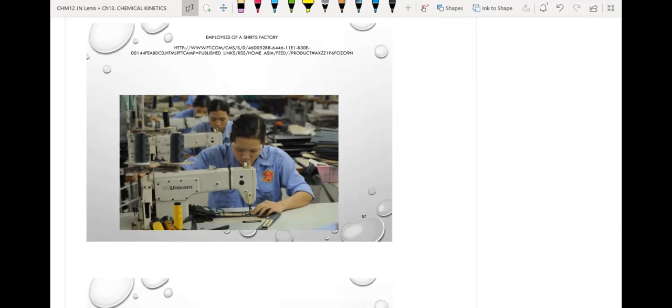The third worker, what is the job of the third worker? Let's say puts buttons. The next worker sews one piece, the next worker sews the packets, and so on and so forth.